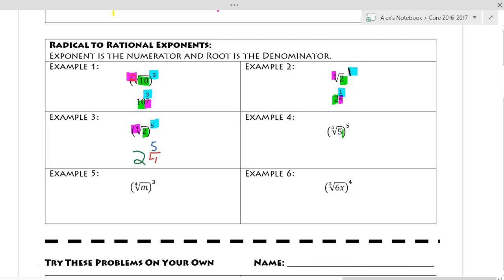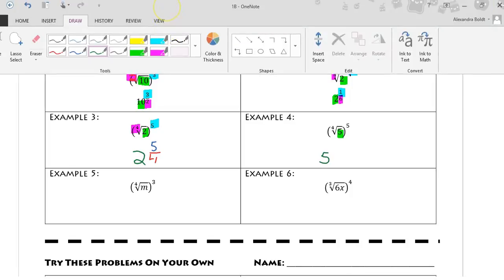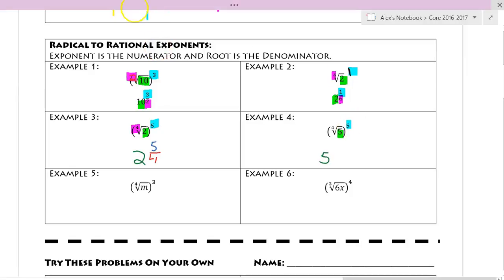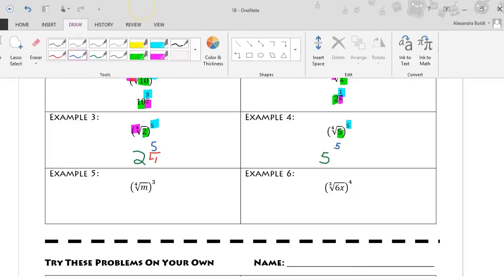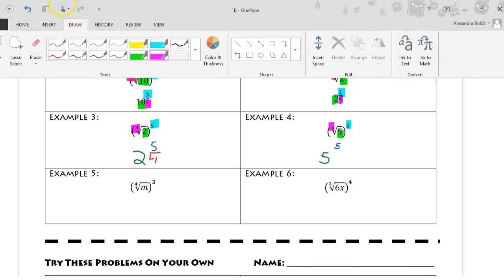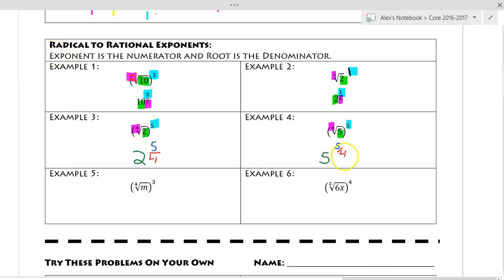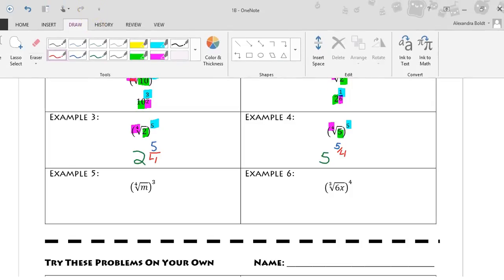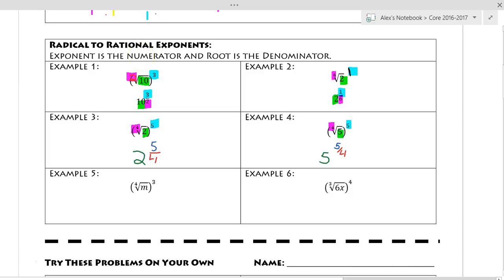For example 4, my base is 5. My exponent is 5, so that goes in my numerator. And my root, or my index, is 4. So that goes in my denominator. So this is 5 to the 5/4. For example 5, now we have variables, but they work the same way.